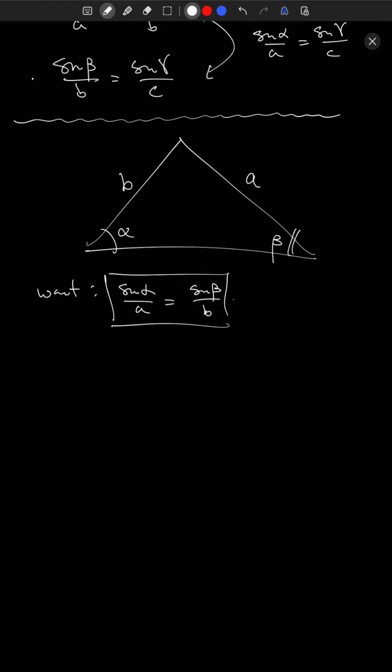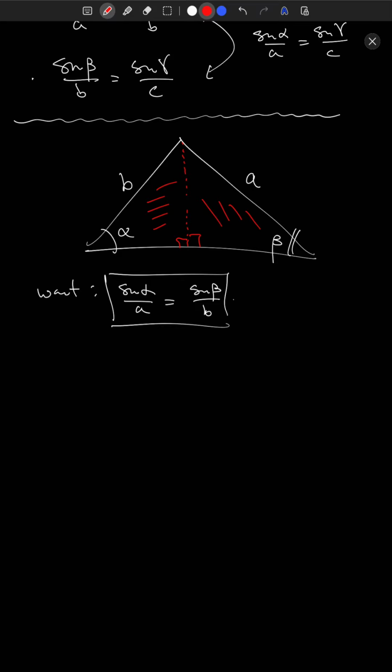I'll say a couple words about that at the end. All right. What I'm going to do is drop this perpendicular down to here, like that. If I do drop that perpendicular, I'm going to get two right triangles. This right triangle here on the left and this right triangle here on the right.